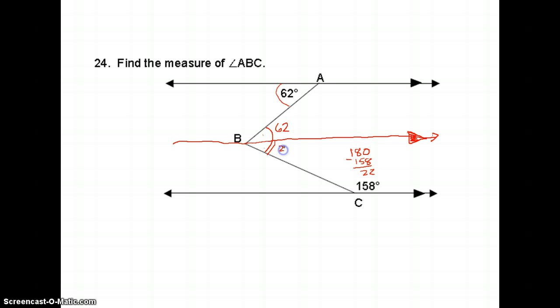So this is 22. So now to find the whole angle, all I have to do is add them together. 62 plus 22 equals 84. So the measure of angle ABC equals 84 degrees.